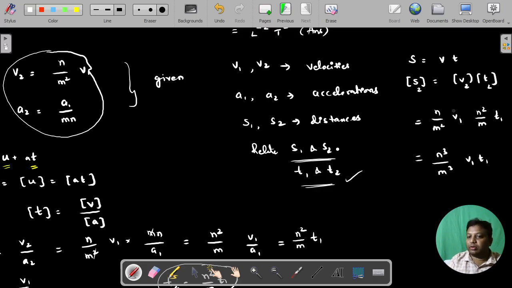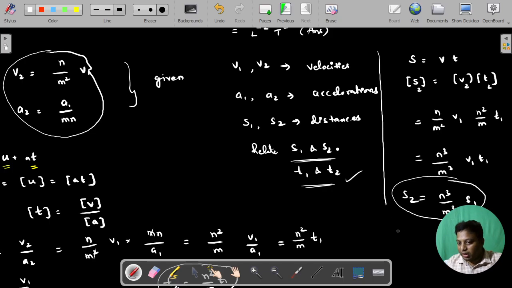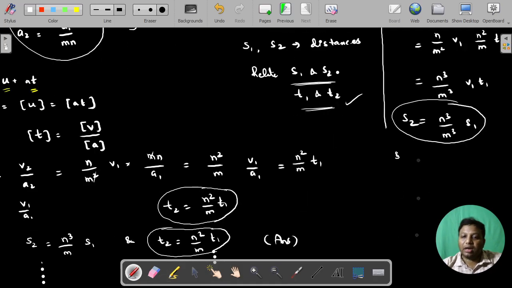So V1 into T1 means S1 only, no? So we got our other answer also. So what I am saying here is, we can solve for relation between distances, and also we can solve for relation between times in the two systems. For this particular problem, this much exertion is not needed.